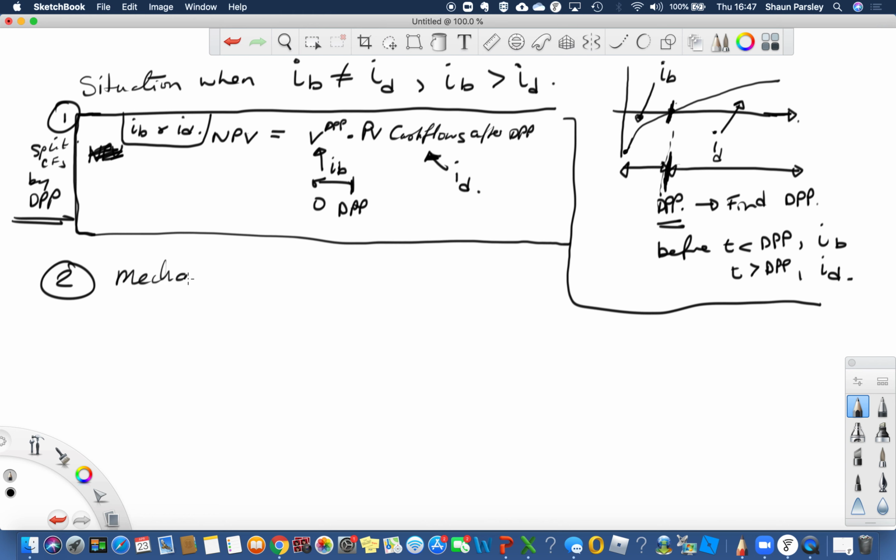Now, we've done this for one of the assessments. I think it's assessment 2, where we go through each time period and we look at the balance, like the bank balance at the start.